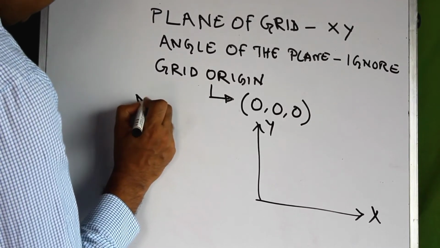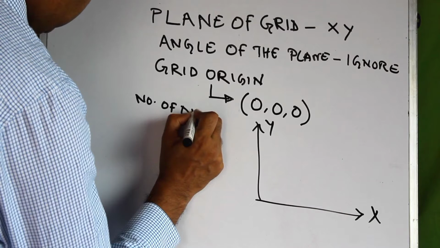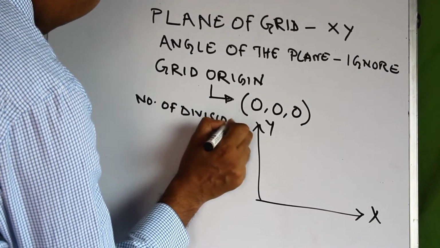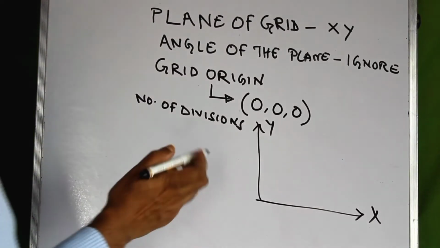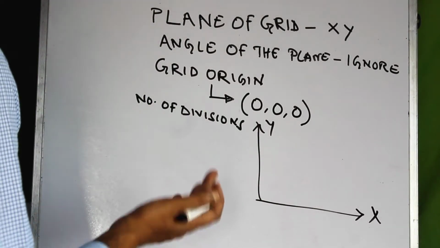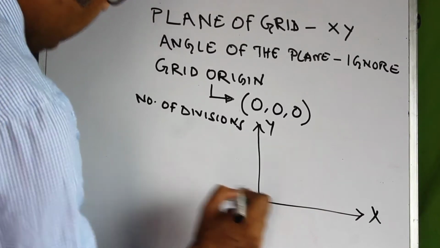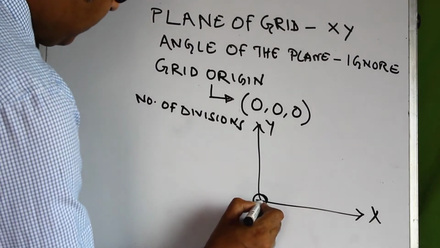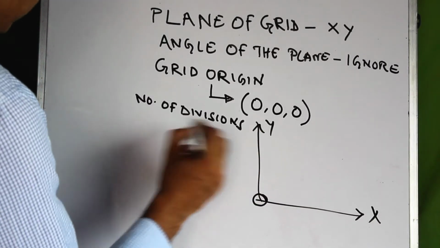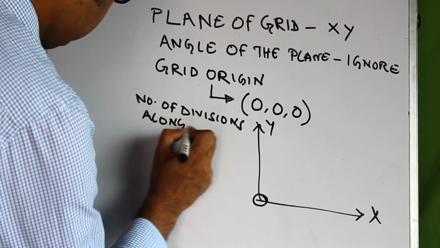So number of divisions is another parameter. There are two aspects of this. One is, if this is the grid origin, we can define the number of divisions to the left along the x-axis. Okay, so this is number of divisions along x-axis.